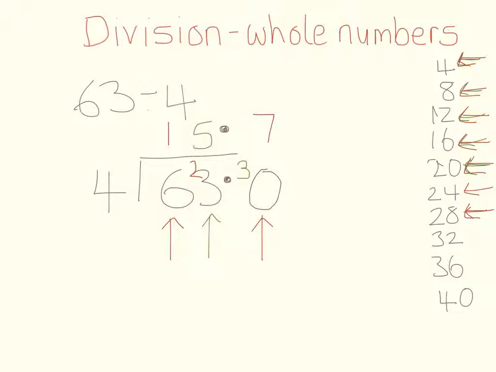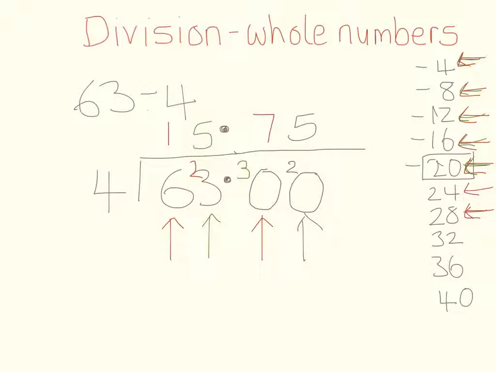I'm just going to extend my line here. 7 got rid of 28, that means I have 2 left over, so I need to create a new column, wake it up because I need it to get my decimal number, and I'm going to pass the 2 across that was left over. This one now becomes 20, so I can actually get rid of 20 completely, which would be 1, 2, 3, 4, 5 groups.